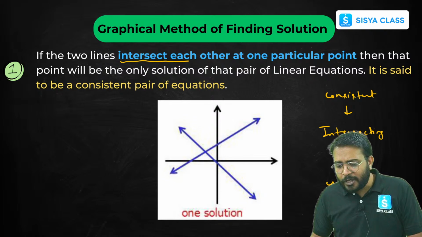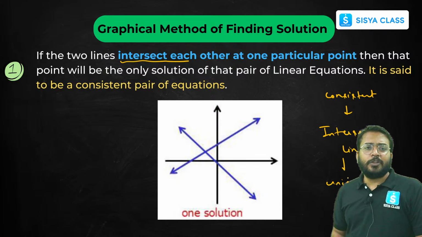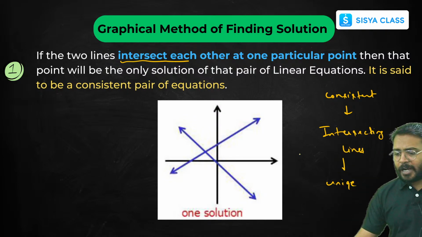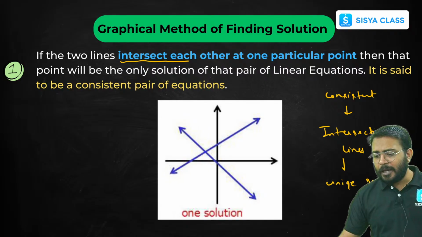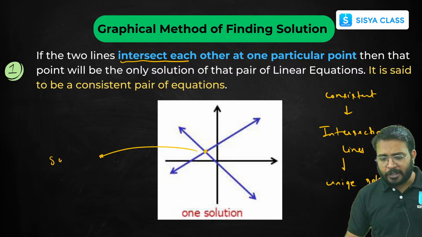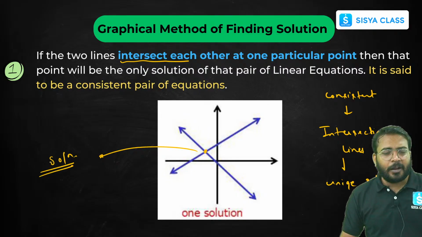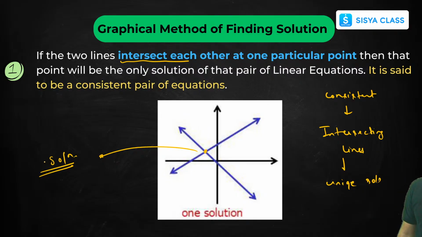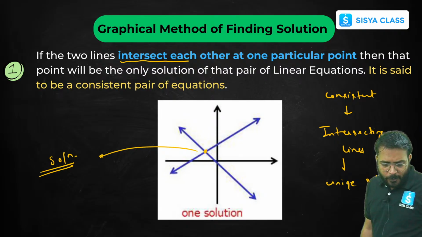And what is that unique solution? That unique solution is going to be the intersecting point. This point is going to be the solution of the given pair of lines. Understood my point, dear?